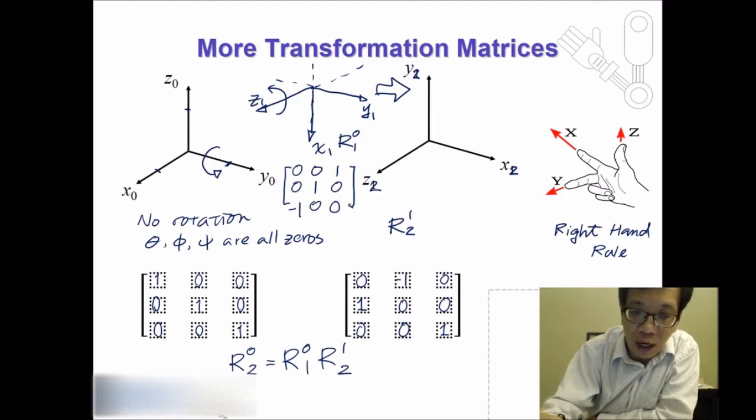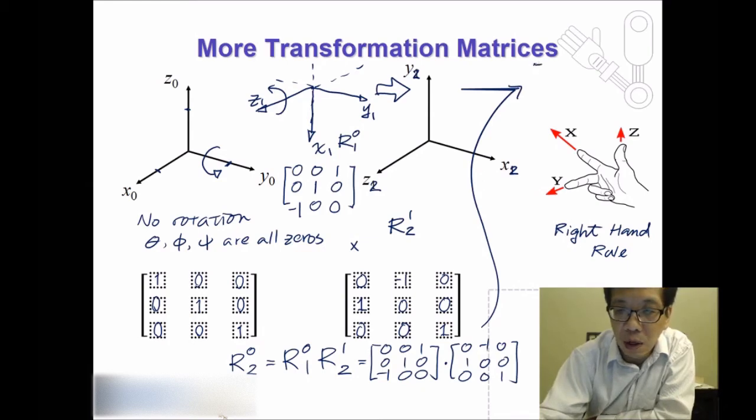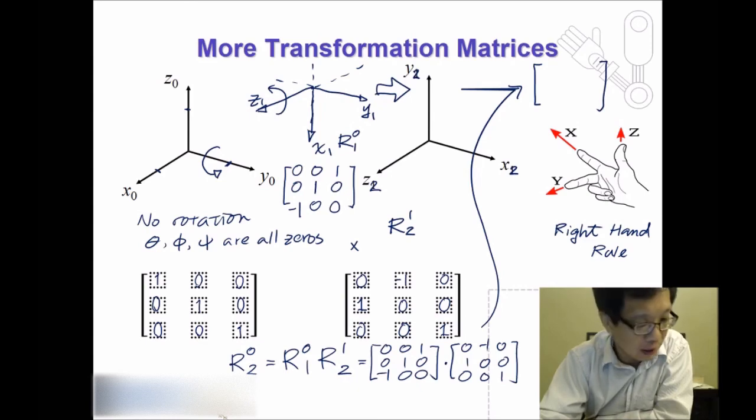So if we have this matrix, 0, 0, -1, 0, 1, 0, 1, 0, 0, multiplied by this matrix, 0, 1, 0, -1, 0, 0, 0, 0, 1, then we are going to get our transformation matrix, which is 0, 1, 0, 0, 0, 1, and 1, 0, 0.